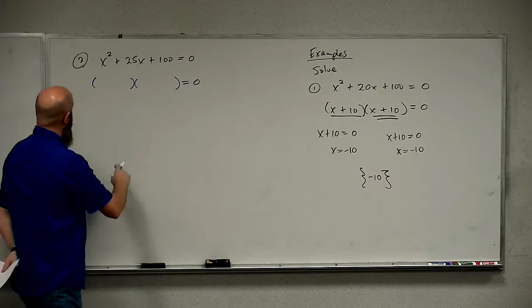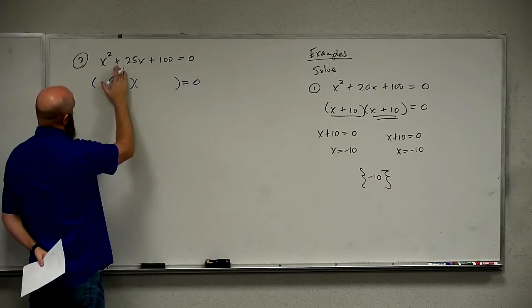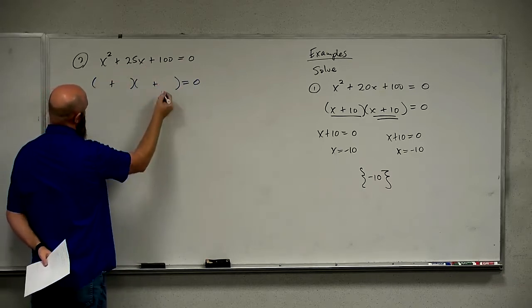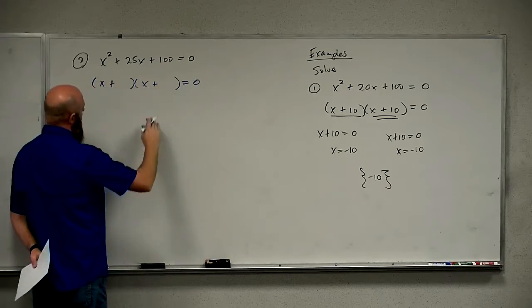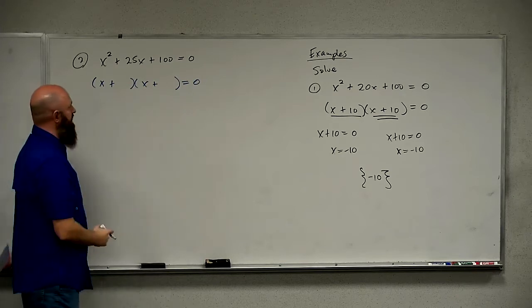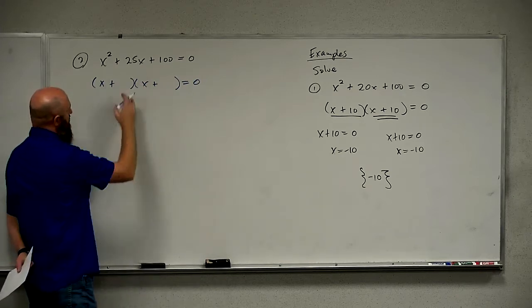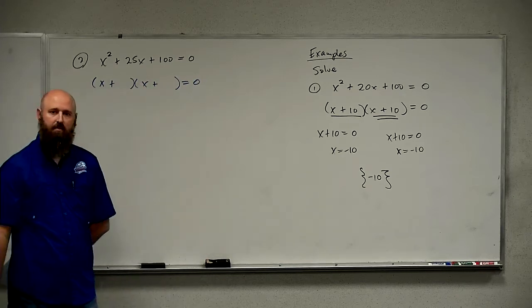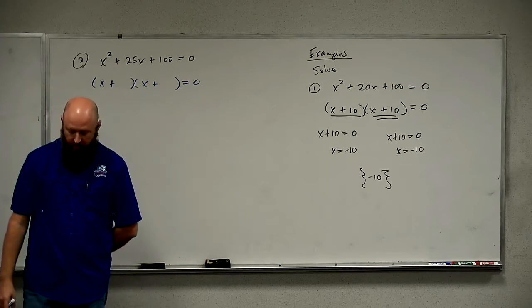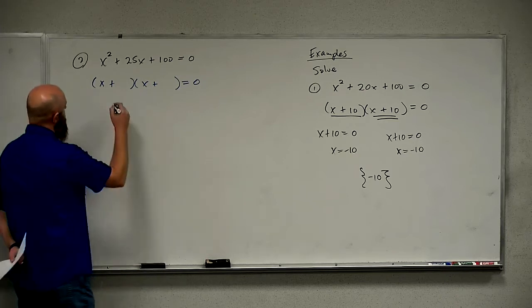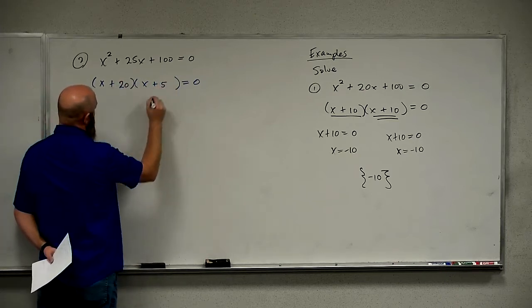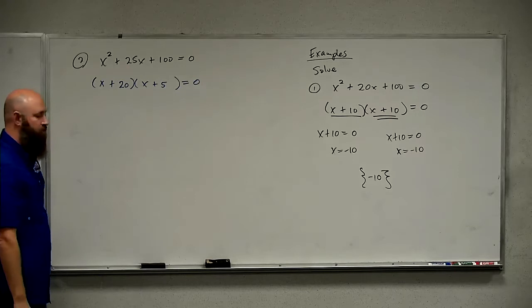All right, again, signs are the same. They're both plus. So for x squared, we get x and x. Now for 100, we don't want to use 10 and 10 again because that got us 20, not 25. So we need to find something else that's going to work. If we do 20 and 5, we'll get 25.